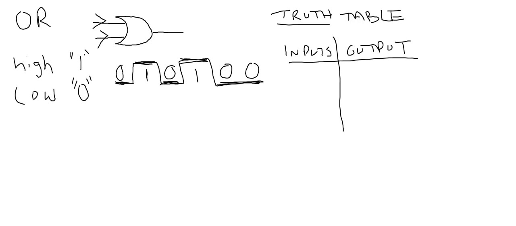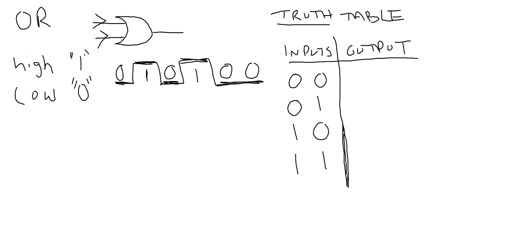There are different combinations that you could have. You could have both inputs as 0. You could have either one of these inputs as 1. Or you could have both inputs as 1.